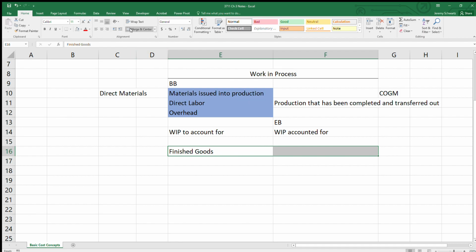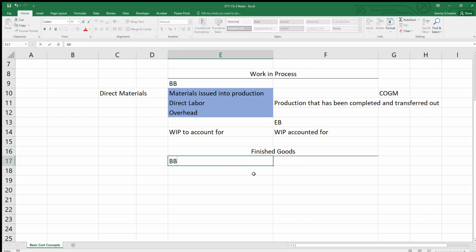Similarly, we will have this process where we have a beginning balance of finished goods. Coming into this is the production that's been completed and transferred from work in process, that is the cost of goods manufactured. These are our finished goods to account for.